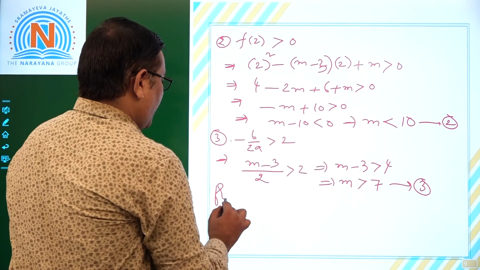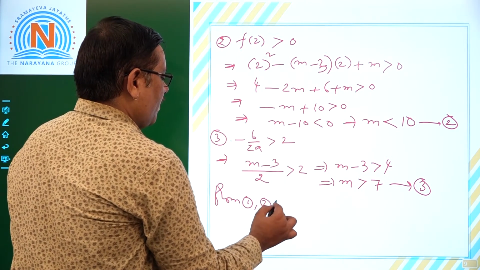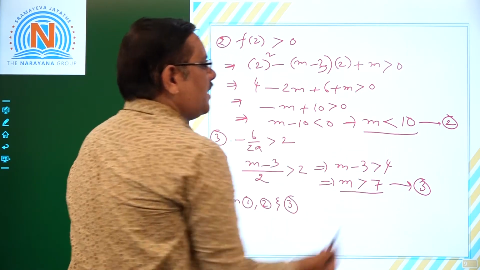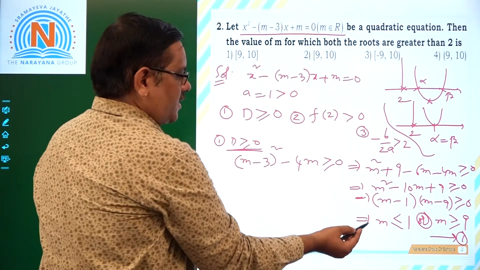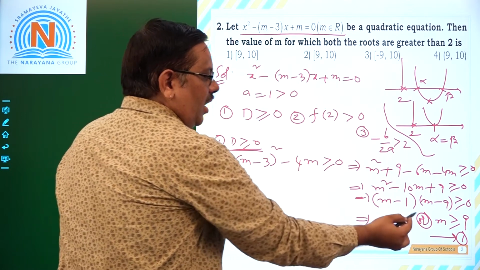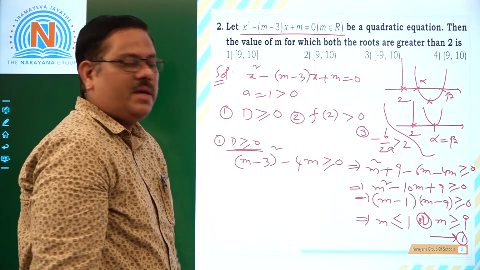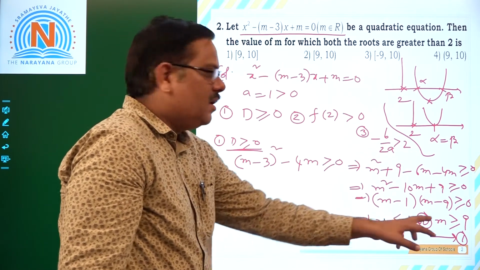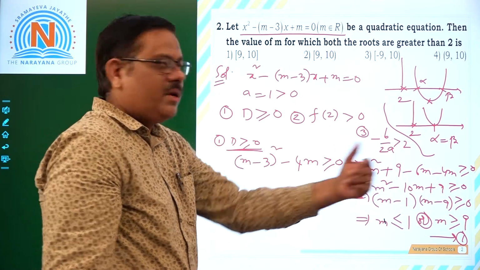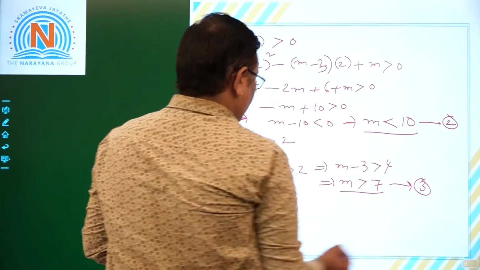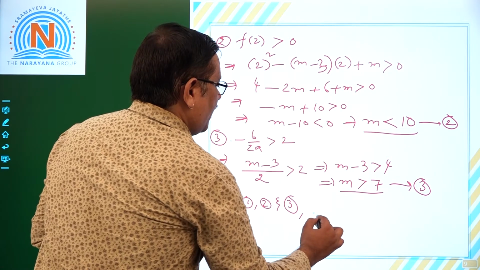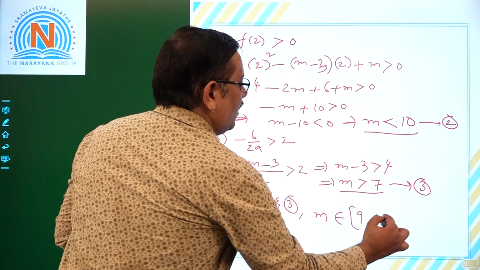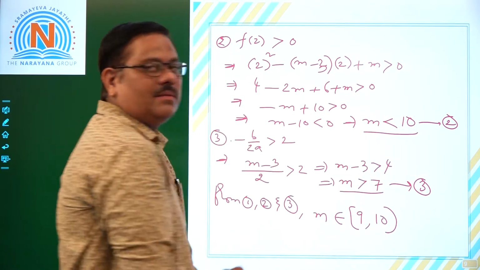From 1 to 3, what is the common condition we can take? Here m is more than 7, and m is less than 10. The first condition says m less than or equal to 1 or m more than or equal to 9, and since the third condition is m more than 7, the part m less than or equal to 1 is not considered. So m belongs to closed 9 comma 10 open, because m is less than 10.